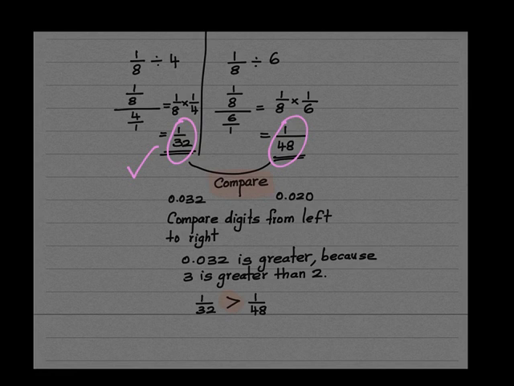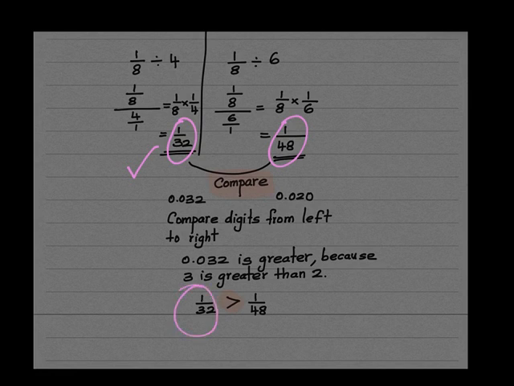If the denominator value is less, when you compare two fractions, the fraction with the lesser value in the denominator is bigger. So 32 is less compared to 48. So the fraction 1 over 32 is bigger than the fraction 1 over 48.